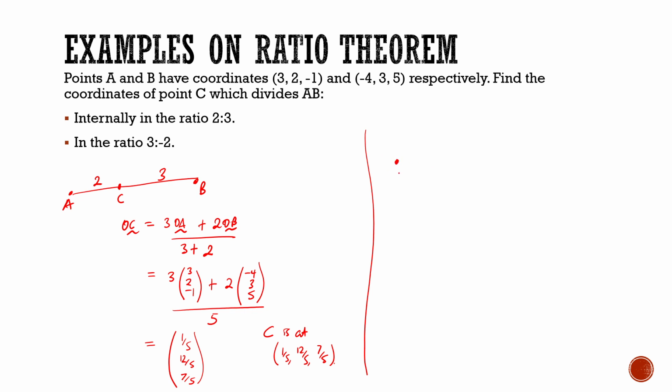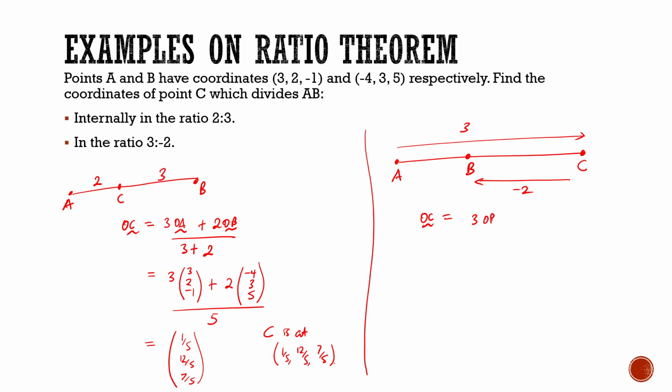So we could have our point A there, then we'll move to our point C, and then our point B will be somewhere there, such that I'm looking at 3 and then -2. So I'll have OC as 3 times OB plus -2 times OA.